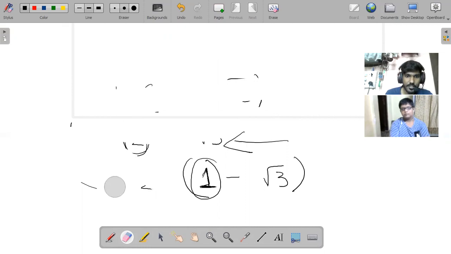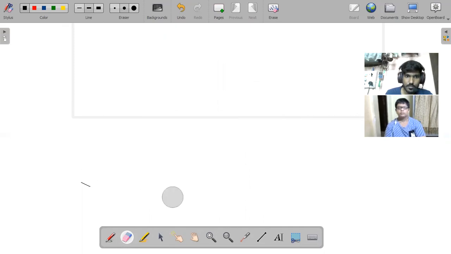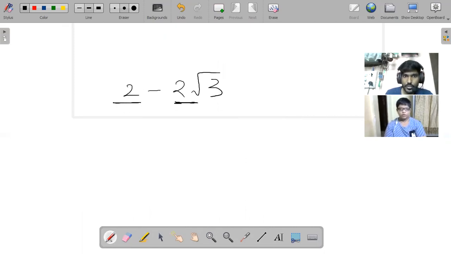now, for example, in this case, it was 2 minus 2 root 3. So you see here 2 is common, here also 2.